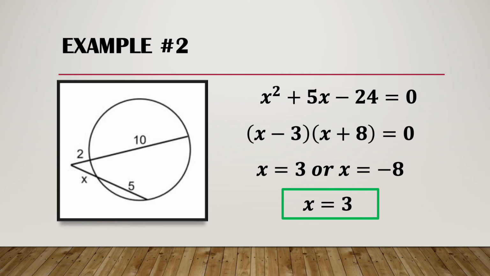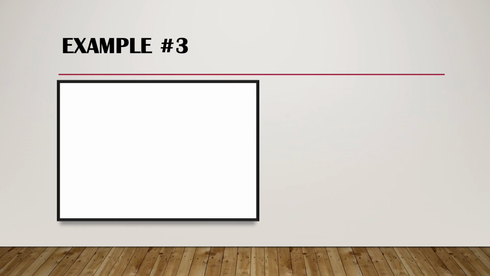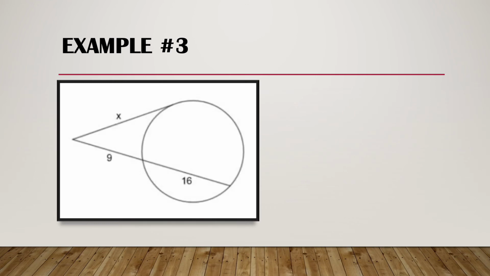Did you get it? Very good. Let us now proceed to example number 3. Again, observe the figure. What do we have? Very good. We have a tangent and a secant. So we will use the secant tangent power theorem.